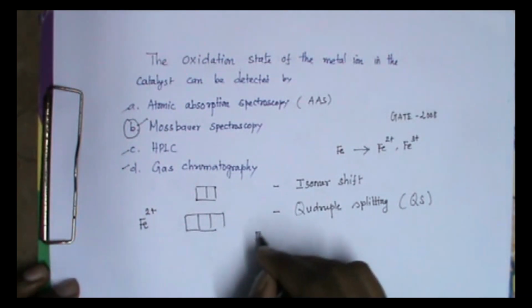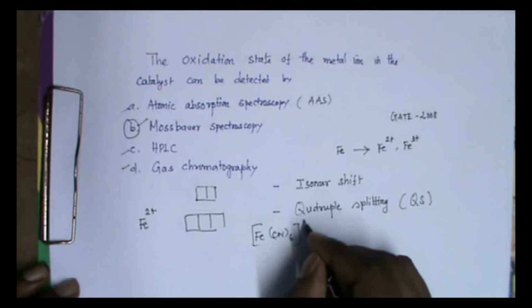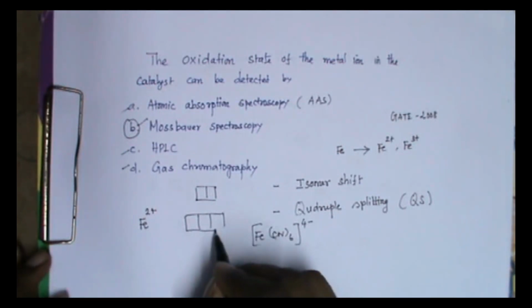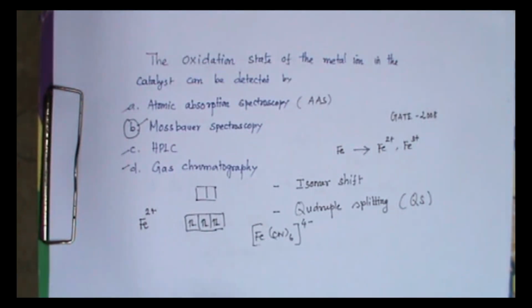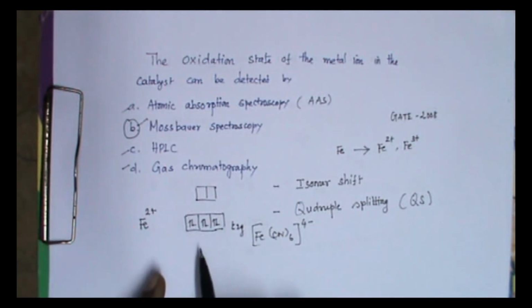The simplest example is [Fe(CN)6]4-. Here iron is in the +2 oxidation state. Since the ligand is strong, the 6 electrons will be placed like this. Here all the t2g orbitals are symmetrically filled. These orbitals are directed in between the axes. So the electrons are symmetrically filled around the metal.